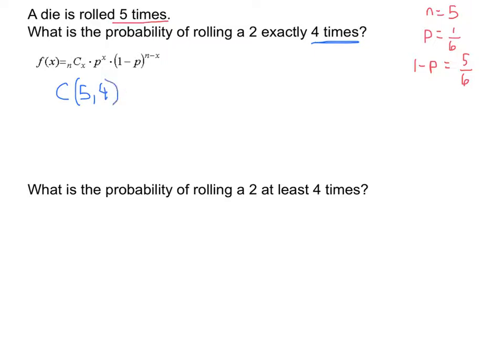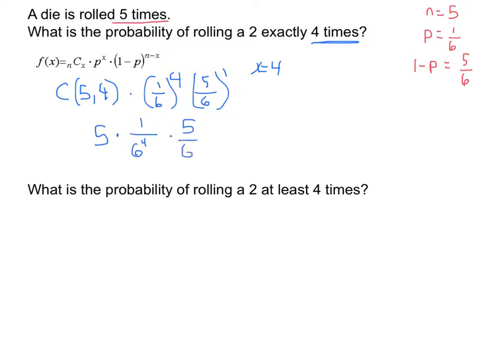So we have the combination of 5 things taken 4 at a time, times the probability of success, which is 1/6 to the 4th, times the probability of failure, which is 5/6 to the n minus x, which is 1. So again, in this example, n is 5 and x is 4. Let's go ahead and figure out what we have. The combination of 5 things taken 4 at a time is 5, times 1/6 to the 4th, times 5/6.